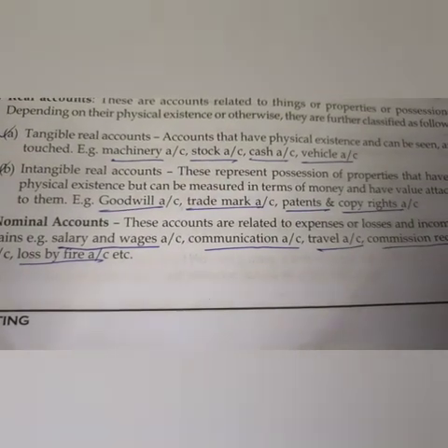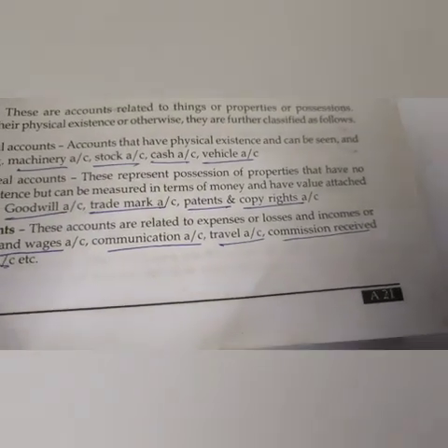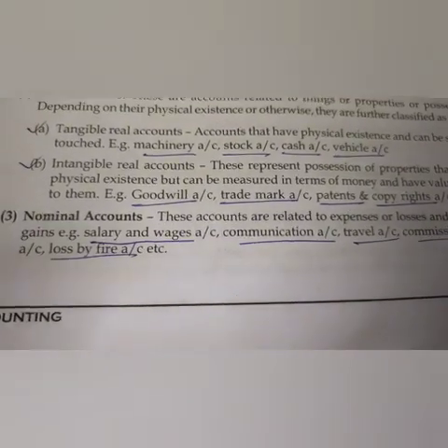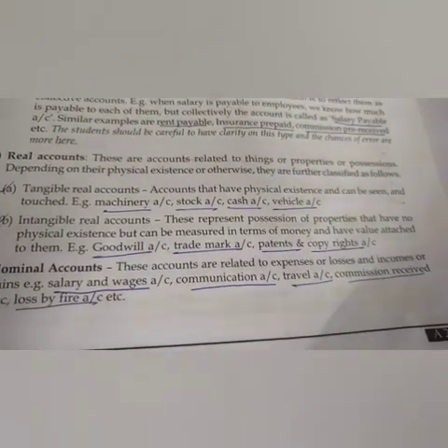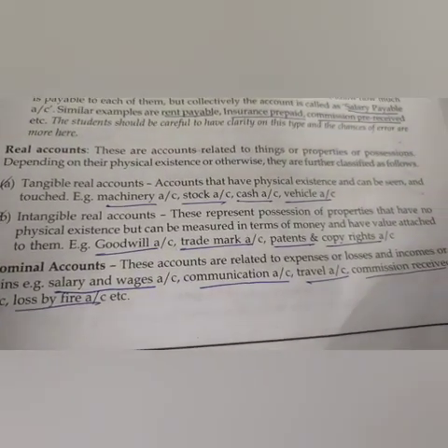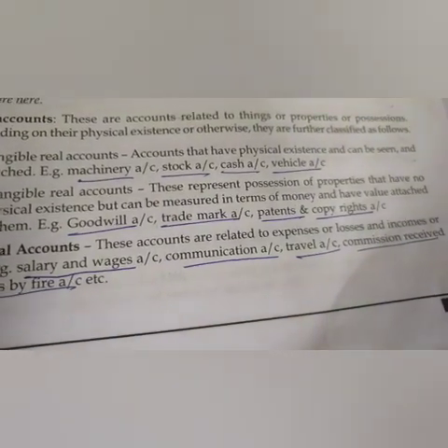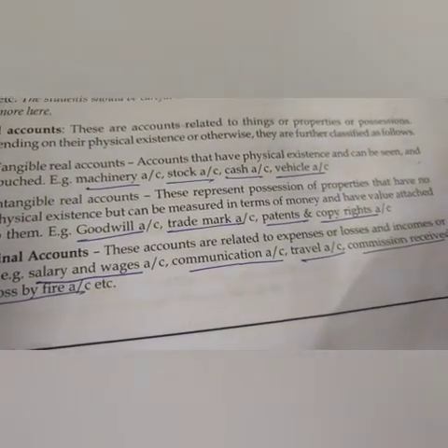Why? Because the accounts in the nominal account are related to the expenses or the losses and the incomes or the gains. So the repairs and maintenance is an expense done by the business operator.